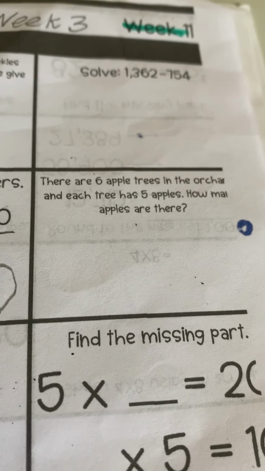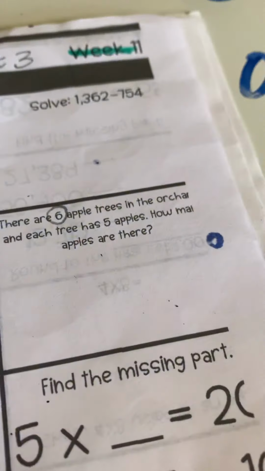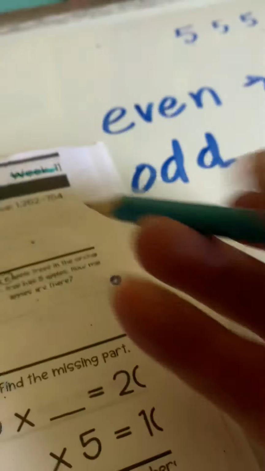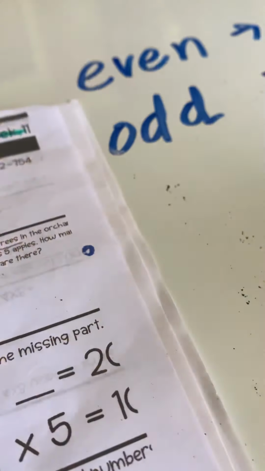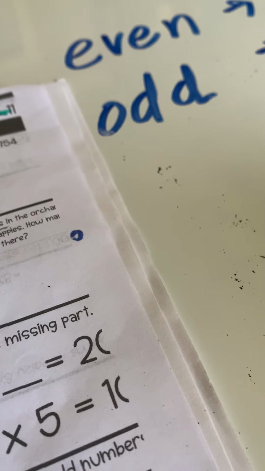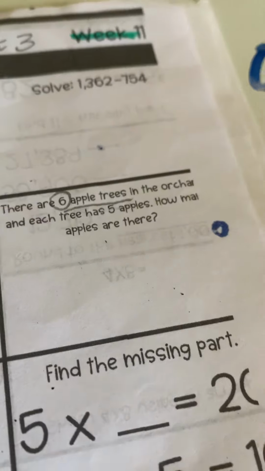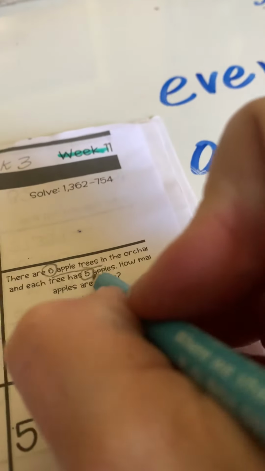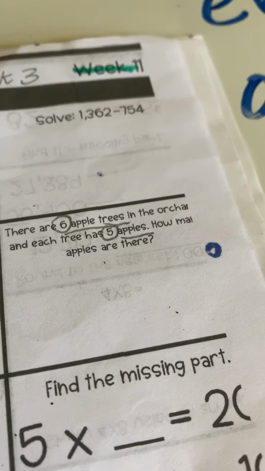So it says there's 6 apple trees. So I'm going to go ahead and circle 6, and you can circle 6. And there's 6 of what? Well, we want to underline that because we know there's 6 apple trees. Each tree has 5 apples. So we're going to circle 5 and underline apples because that tells us what we're talking about.